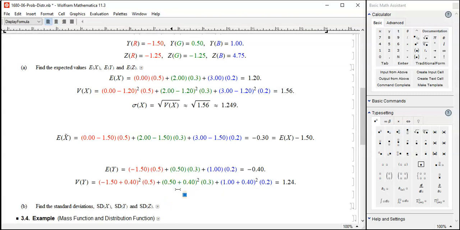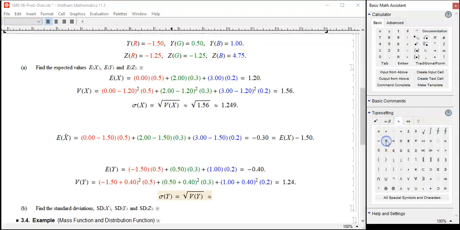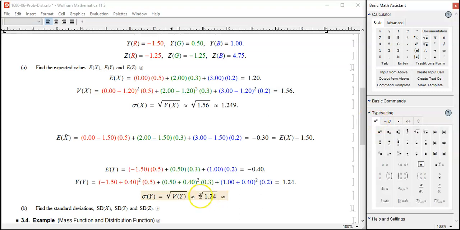Okay, let's calculate the standard deviation. Sigma of y, excuse me, I have a typo here, and that's the square root of the variance, which is approximately equal to the square root of 1.24.